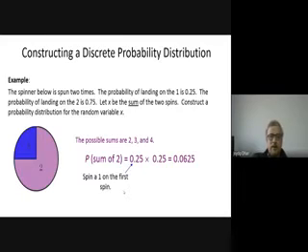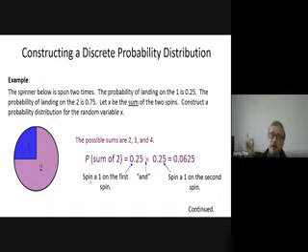Now let's find the probability of a sum of 2. I'm using the counting principle again, because the two spins are independent of each other. The first spin outcome probability is multiplied with the second spin outcome probability to get the joint probability.